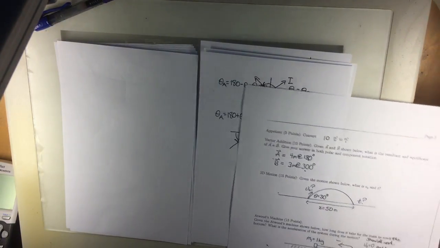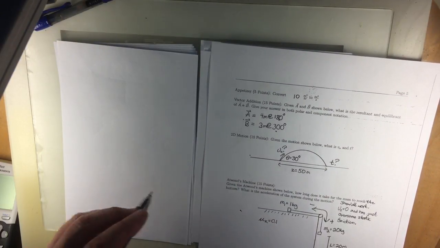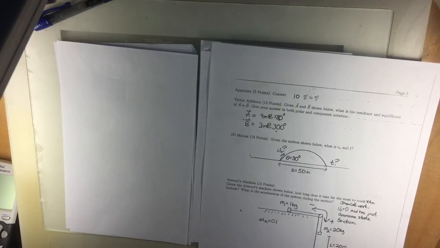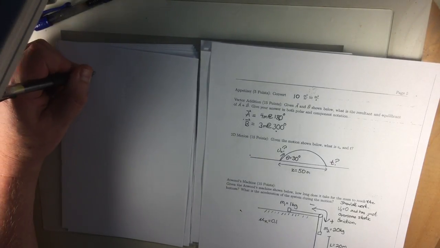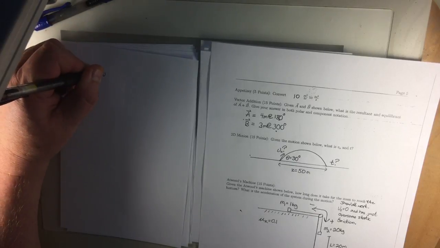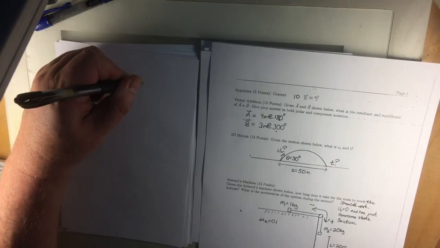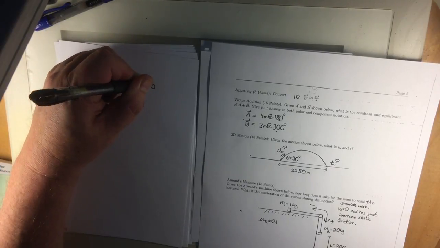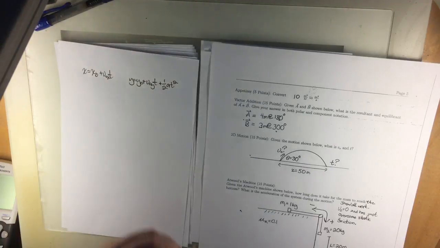Some people have figured it out, but it's not required. For something like this, 2D motion, I haven't even read it, and I just write x equals x naught plus v naught x t, and y equals y naught plus v naught y t plus 1/2 a t squared. Boom. First thing you do.